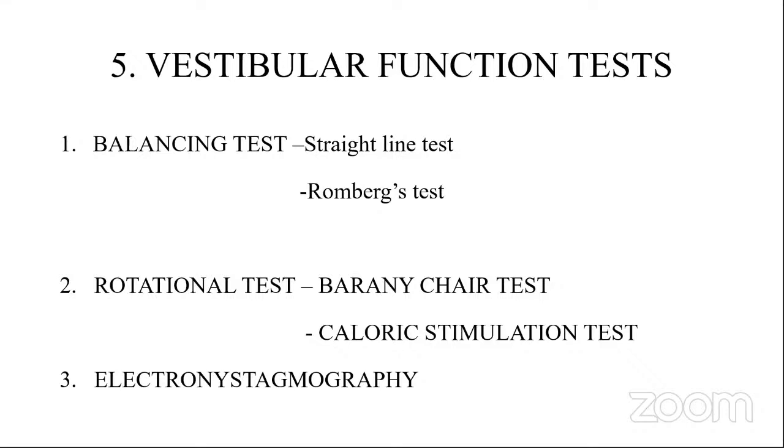The case where the rhombus test is positive is sensory ataxia, that is, posterior column lesions. The rhombus sign is positive in posterior column lesions.